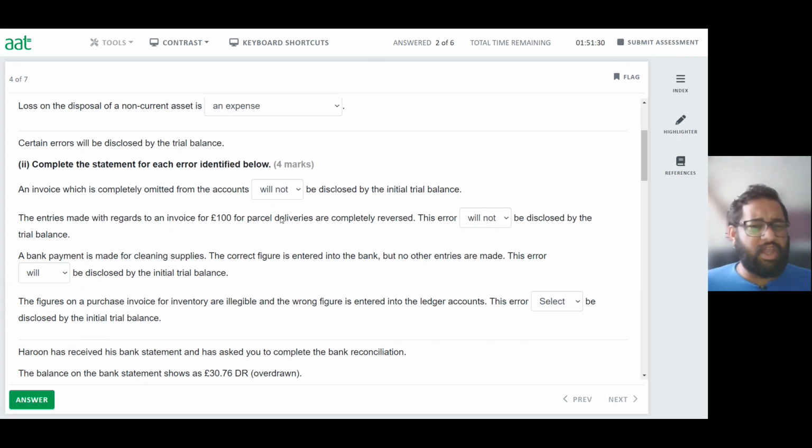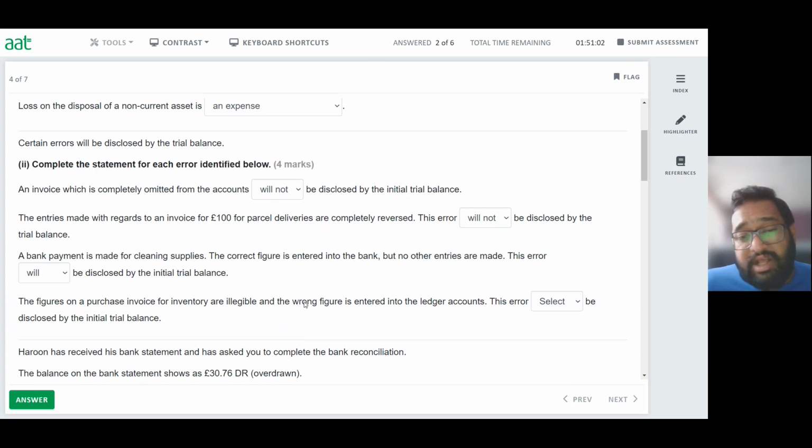Now let's look at the last one. We might think, oh yeah, this will not, will not, will. So this is definitely will. Do not fall for that trick, guys, because it can be all false or similar answers. So be careful. You continuously scrutinize every different scenario given to you, because there's no guarantee it will be this. It is all in the question. The figures on the purchase invoice for inventory are legible and the wrong figure is entered.